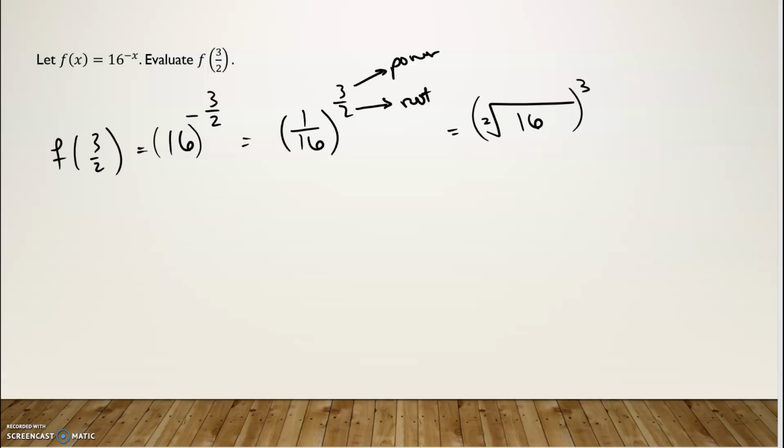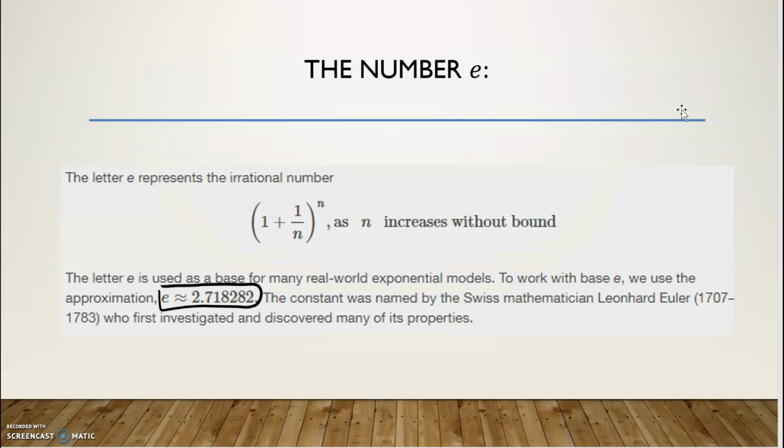So here's my root 2, and here's my power 3. We need to find the square root of 16 first, and that is 4. And then 4 raised to 3, or 4 times itself 3 times, would be 64, and that would be my final answer.